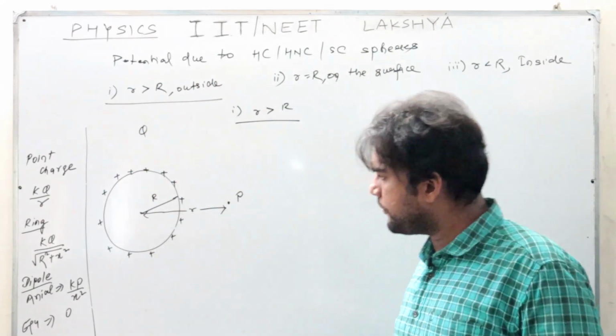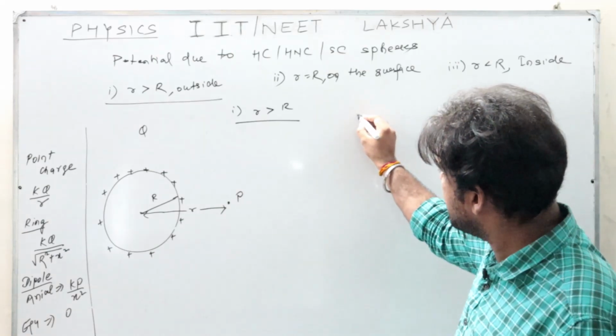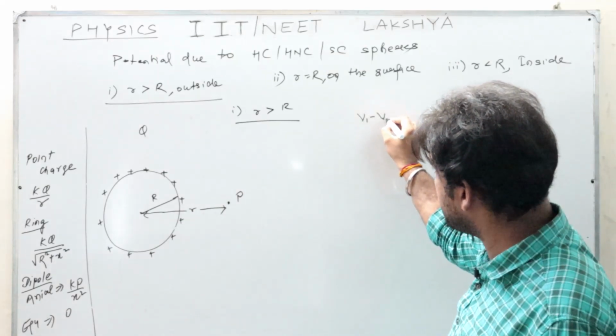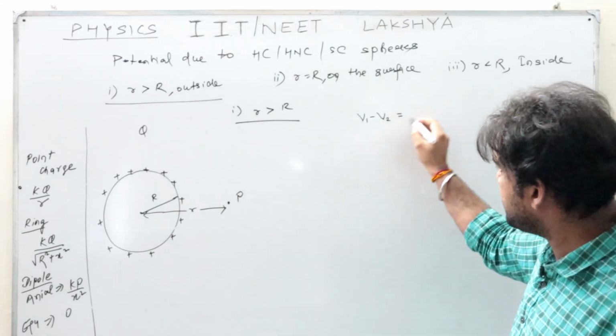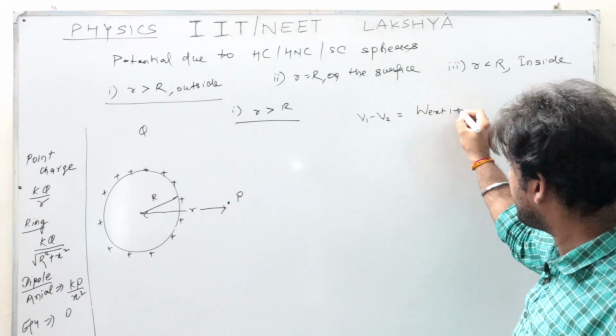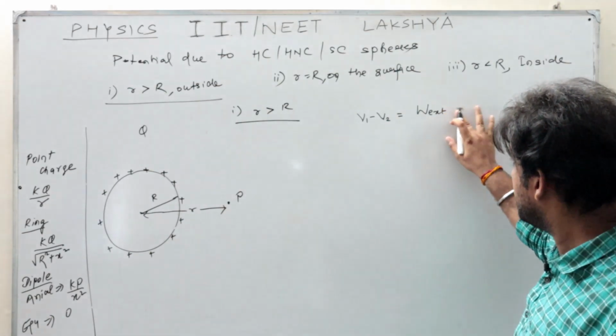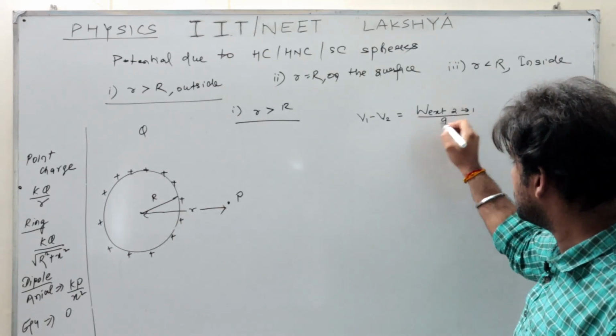If you see my sessions on potential difference, there I have discussed the concept that V1 minus V2, the potential difference, is nothing but the work done by an external force to bring a charge from point 2 to point 1 divided by q.